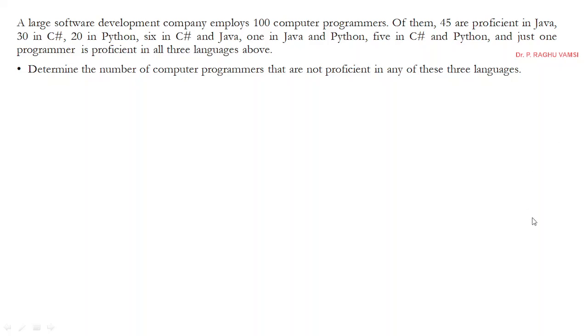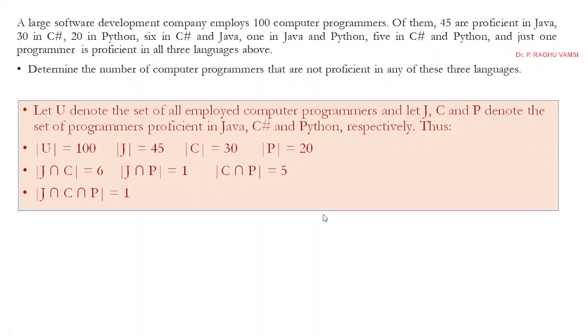Now we need to consider the total number of employees, which is 100, and 45 are proficient in Java. J is equal to 45, C Sharp is 30, Python is 20. Like that we need to consider. So let U denote the set of all employed computer programmers. This is the universal set.